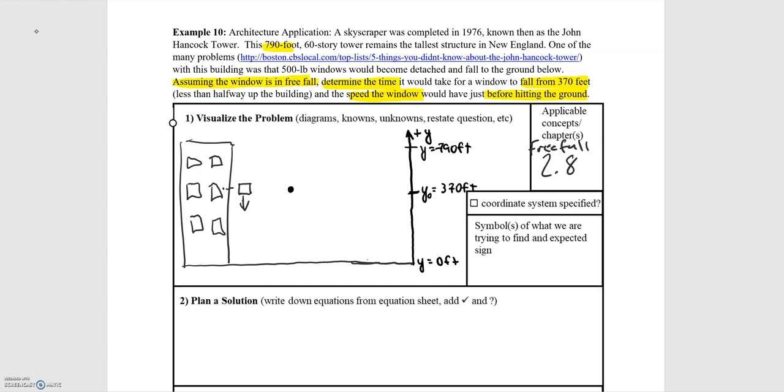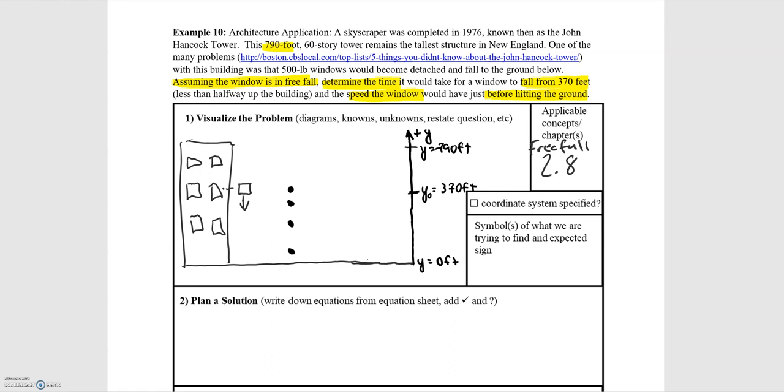So its acceleration due to gravity is going to be in the same direction as its velocity. So the window is going to be speeding up as it goes down. So on the motion diagram, we expect the spacing of the dots to increase as we move further down in position.